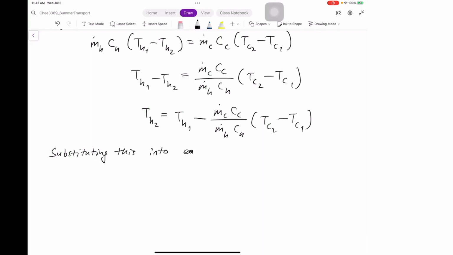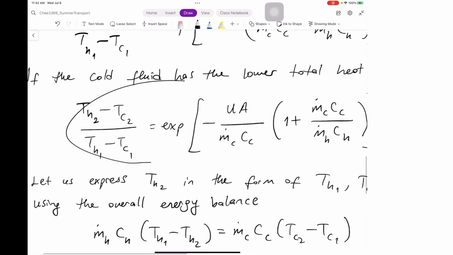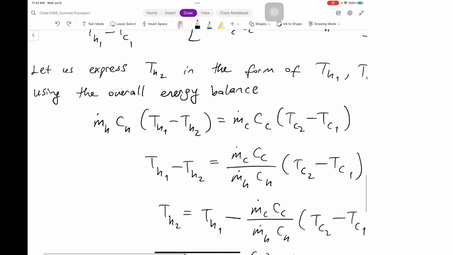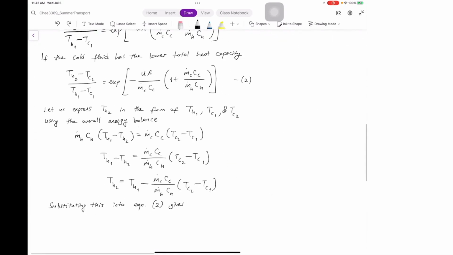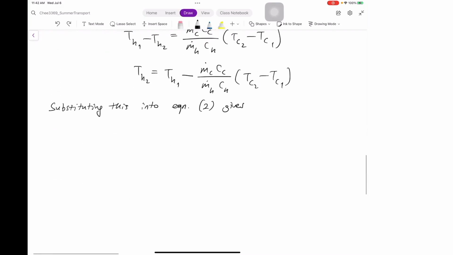Now, substituting this into equation 2 will give this equation. Will give the following. T_hot1, instead of T_hot2, I replace T_hot1 minus m_c·C_c divided by m_hot·C_hot, (T_C2 − T_C1), right?